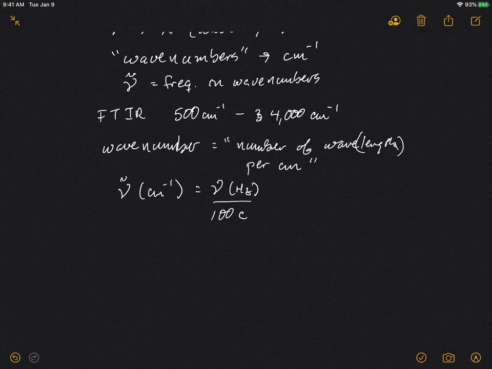So how do we solve this problem? First, we know that our classical and quantum mechanical harmonic oscillator frequency is 1 over 2 pi times the square root of k over mu, where the square root extends over both of these things.